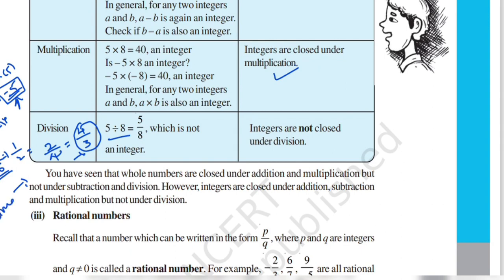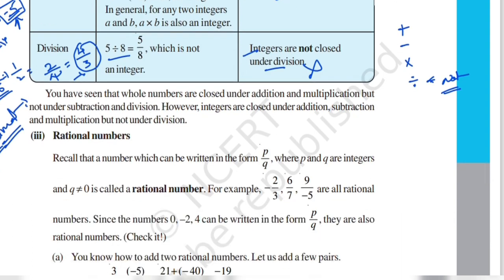When the result is in decimal form, is this an integer? No, this is not an integer, because integers do not include decimal numbers. So when the answer comes in decimal, you know that integers are not closed under division. So integers are closed under addition, subtraction, and multiplication, but not under division. Okay, now you know the properties of integers as well.